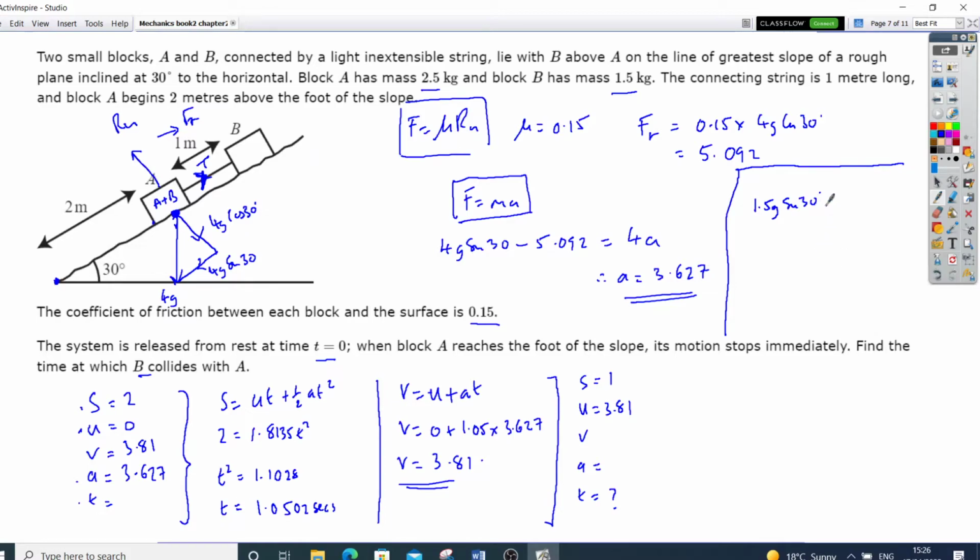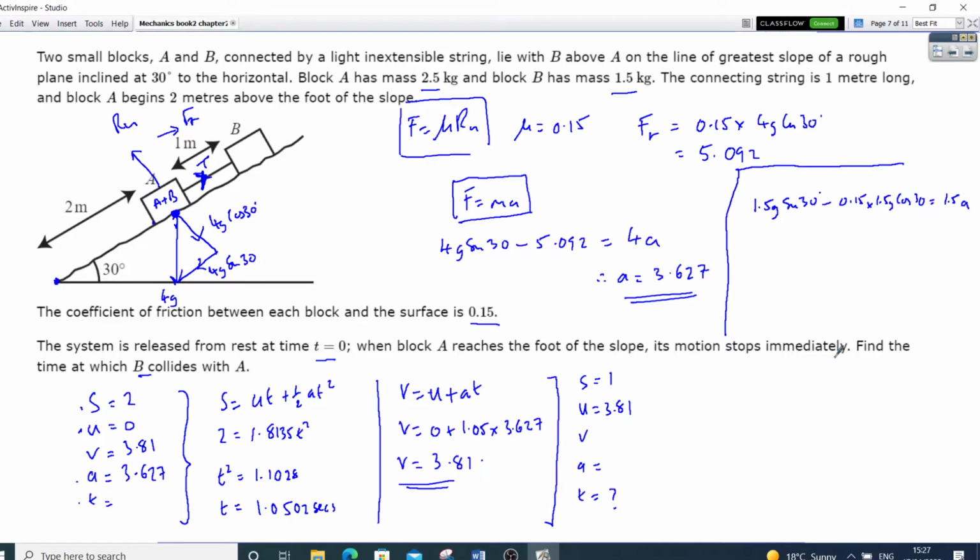And opposing it is friction, which is going to be 0.15 times 0.5 times 1.5 g cos 30, and that's going to equal the mass of that, 1.5, times a. So I'm going to work that out, then divide it by 1.5 to get the acceleration, to see if it's any different.